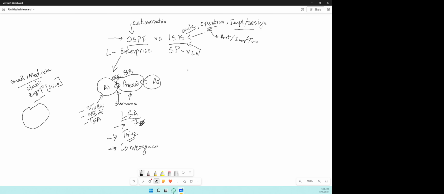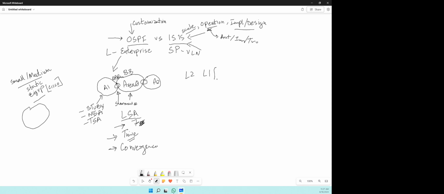With ISIS, you don't have the dependency on areas. It's very simple. You have routers that are either level 2 or level 1. Level 3s are like host based, right? So we'll discuss from a routing and transit perspective: level 1, level 2.